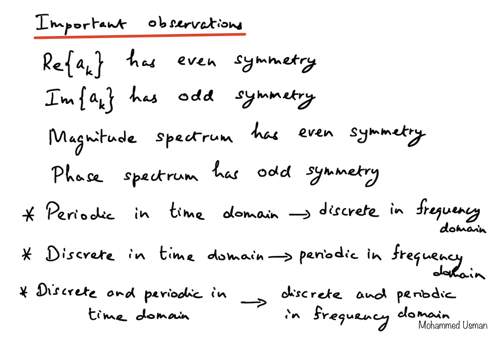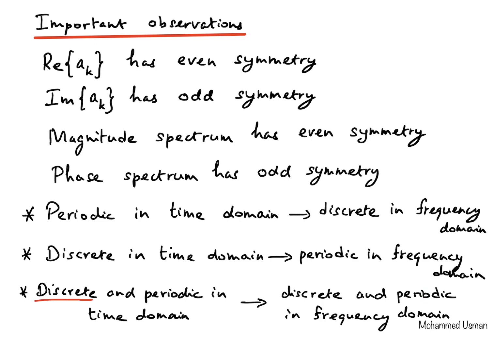In today's lecture, we have discussed signals which are discrete as well as periodic. So the signals are discrete periodic signals, and we took the Fourier series of discrete periodic signals. In the time domain, the signal is discrete and periodic. Therefore, in the frequency domain, it is also discrete and periodic, because periodic in the time domain means discrete in the frequency domain, and discrete in the time domain means periodic in the frequency domain.